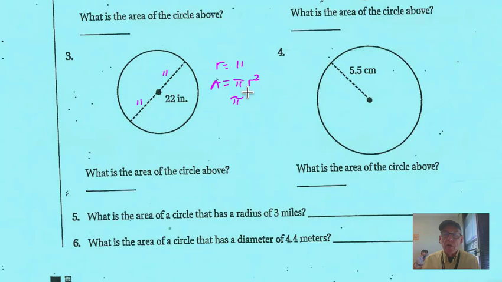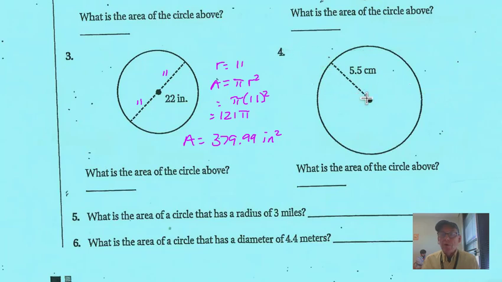So we have pi times 11 squared, which is 121 times pi. And 121 times pi gives us 379.94. And we're dealing with inches, so it's going to be square inches.